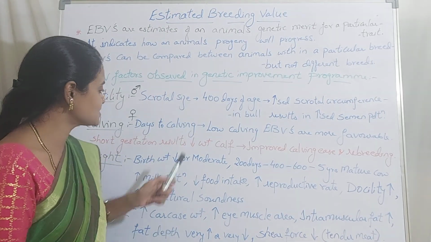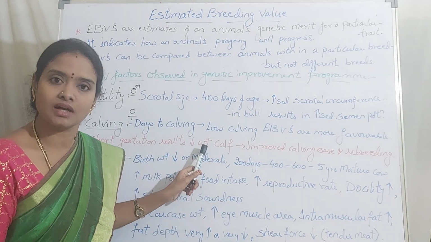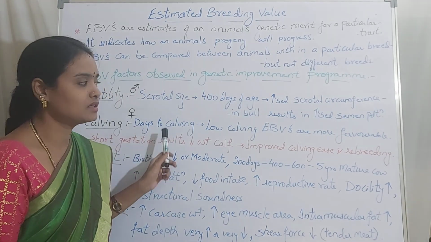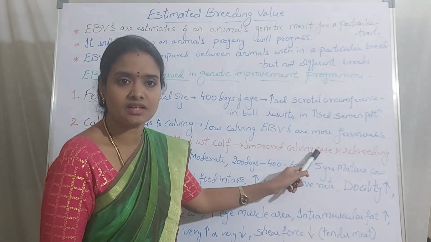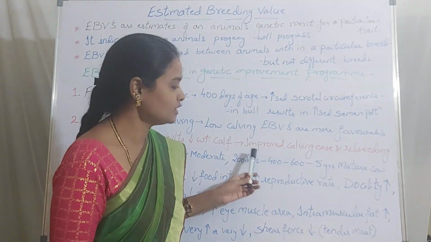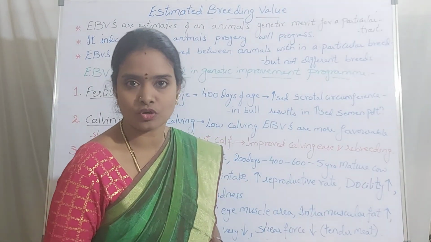So what is necessary here? The short gestation and low weight of the calf is required so that the mother animal will calve easily, right? So it will result in improved calving ease and also it will be ready for the next breeding. Okay, so it will result in improved calving ease and rebreeding process.